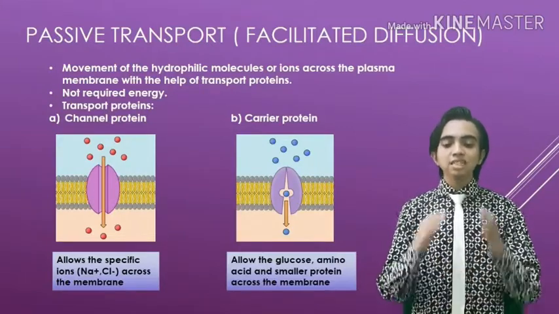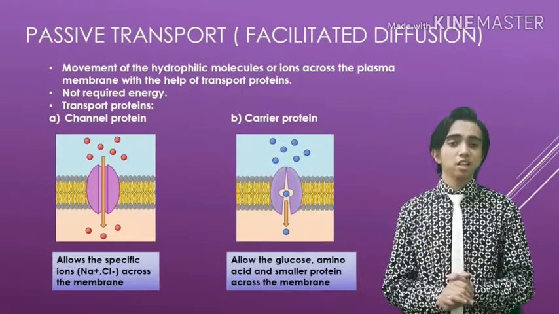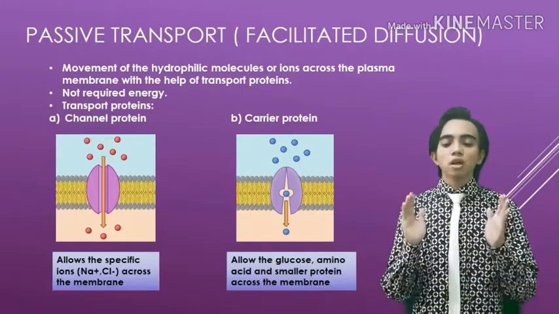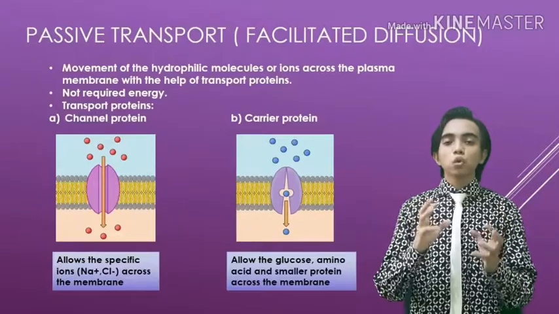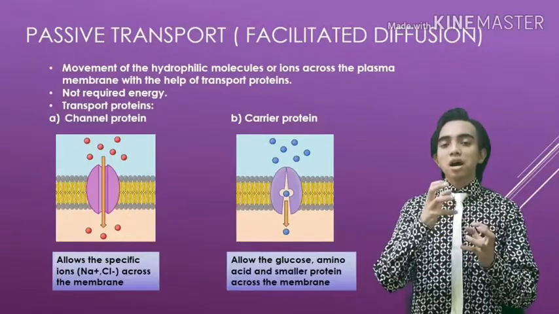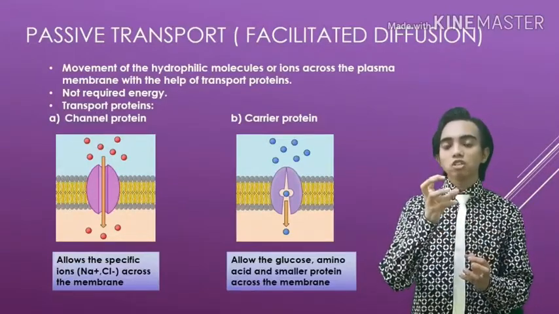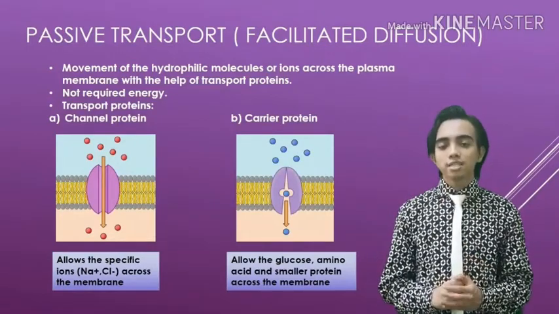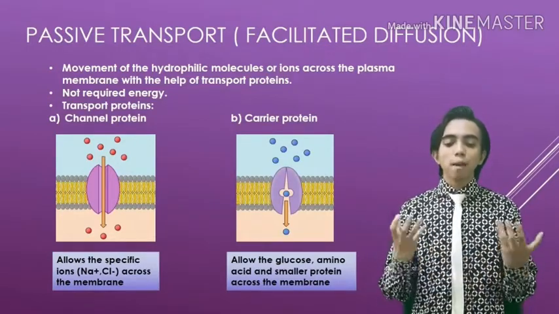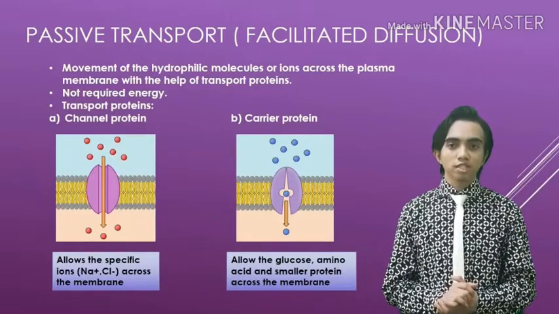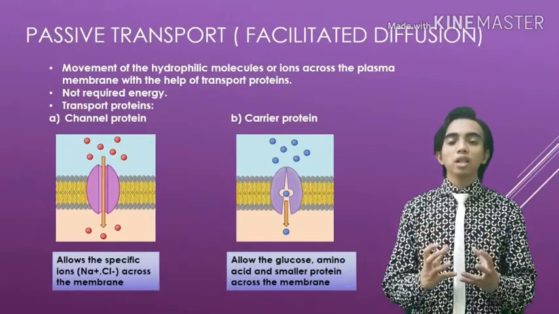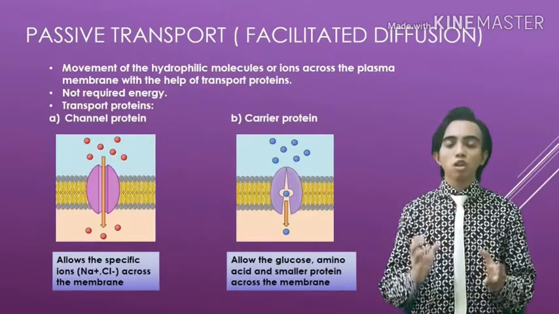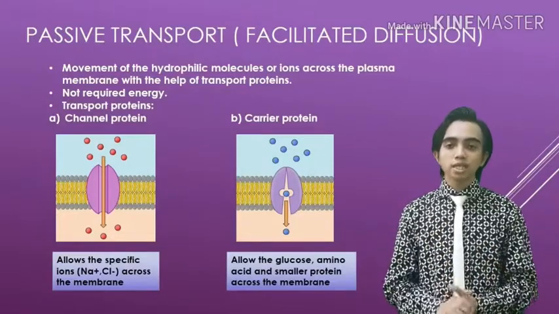This passive transport, or facilitated diffusion, does not require any energy to pass the molecules from outside into the cell. It just happens through the transport proteins only. Transport proteins will pass all of these molecules and move them into the cell.